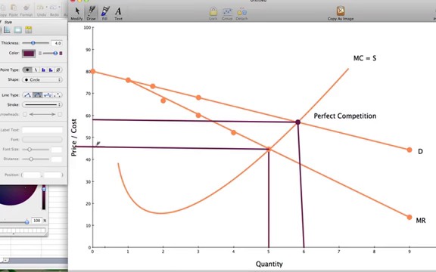And so instead of charging $45, the monopoly will consider how much consumers are willing to pay for those 5 units. So we go up until we reach the demand curve. So at a quantity of 5 units, consumers are willing to pay $61.